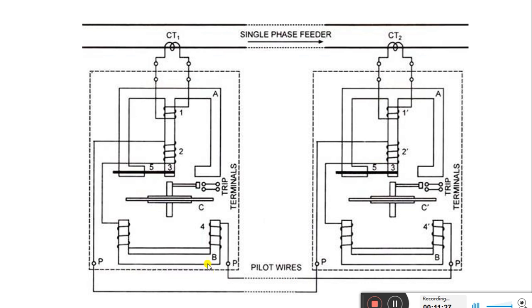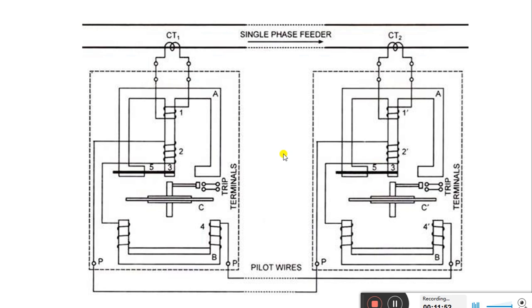So what we see is that 4 and 4 dash are both connected in series and both are connected with the 2 and 2 dash coils. But we see that 2 and 2 dash coils are connected in such a way that they are in phase opposition to each other.